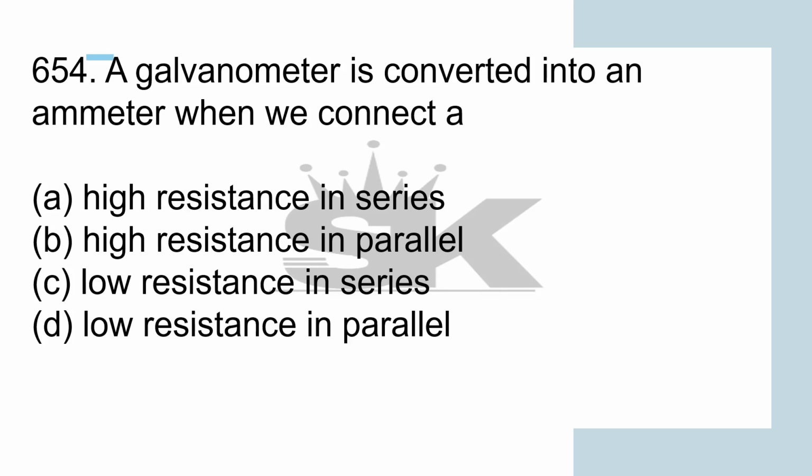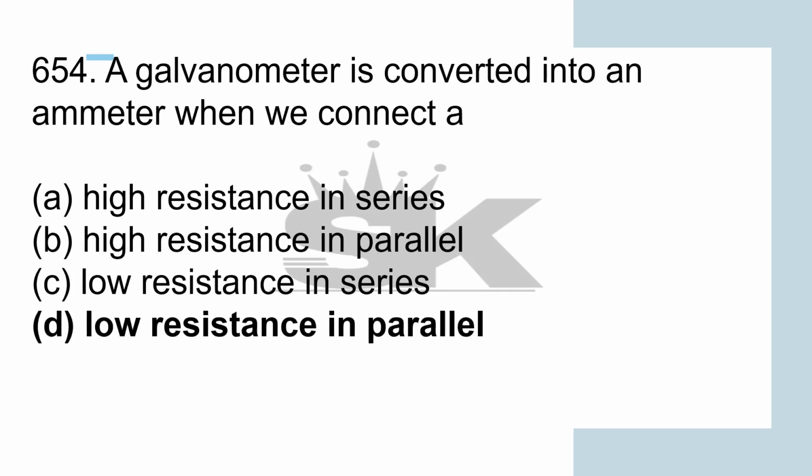The value of the shunt is so adjusted that most of the current passes through the shunt. In this way, galvanometer is converted into ammeter and can measure heavy currents without full deflection. So here the answer is low resistance in parallel.